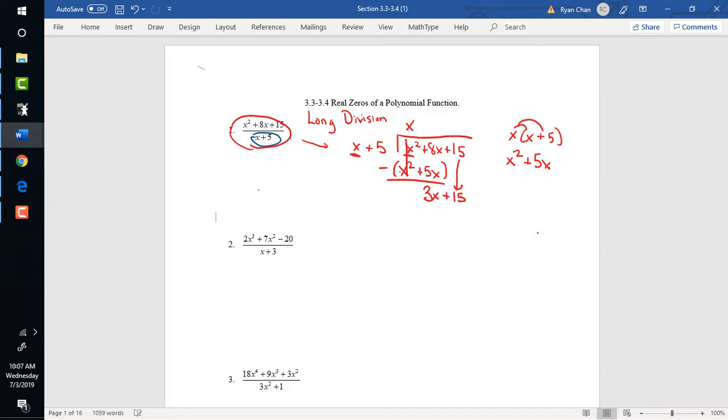I look at my x and see what I multiply x by to get to 3x, and that will be 3. This is 3x plus 15, and then I can subtract this as well. I have no remainder, so my solution is just x plus 3.